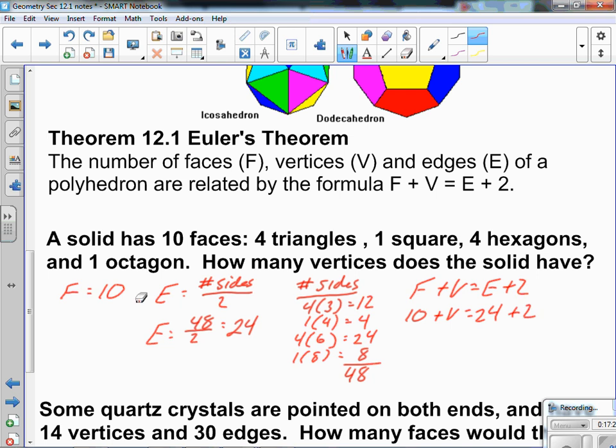Once we have it set up here, it's a pretty simple algebra problem to solve. So we have 10 plus V equal 26, and subtract 10 from both sides. The number of vertices is going to be 16.